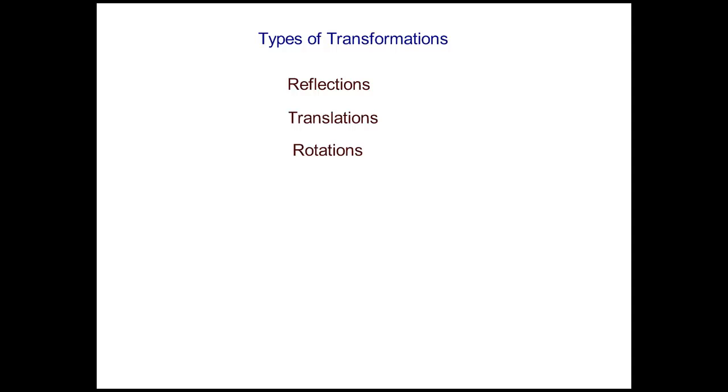And a rotation is when a pre-image point or set of points revolves about some point on the coordinate plane to form a new image. There are other types of transformations, but these are the 3 we're going to be focusing on. They are all isometric, meaning that the pre-image and the image are congruent.